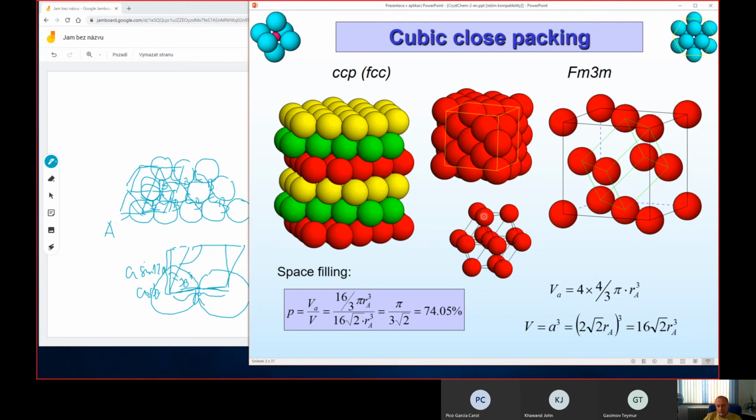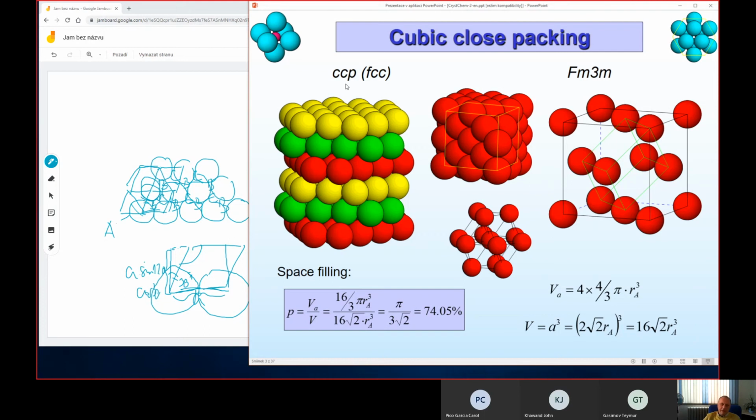So this atom is positioned here, and these 2 atoms are positioned here. So it is an anti-prismatic arrangement.